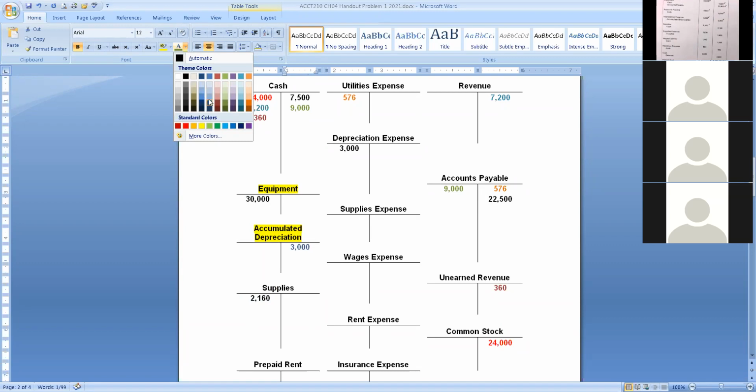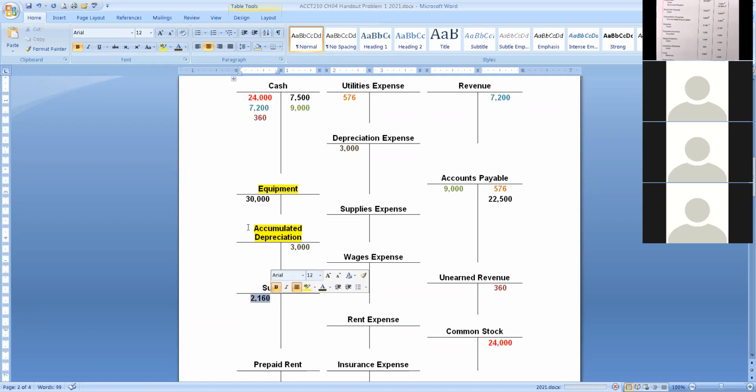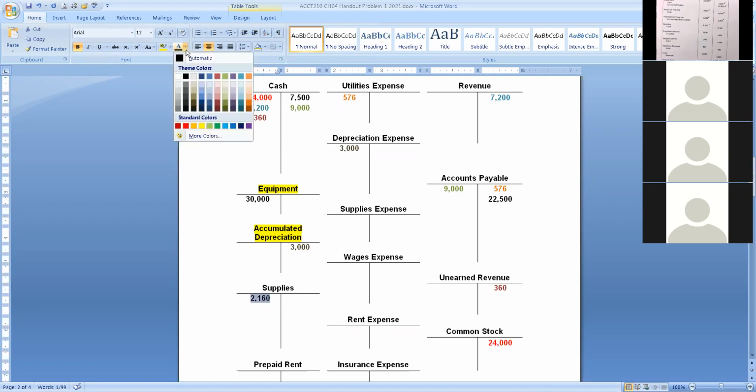This is the hardest part about accounting, is figuring out what color to use. Once you figure that out, it's not too bad. Oh, it's the same as the other one. Okay, so supplies is 2,160. I'll make that purple. Didn't use purple yet. Okay, so supplies are 2,160, and the cash is going to get a credit for 2,160.